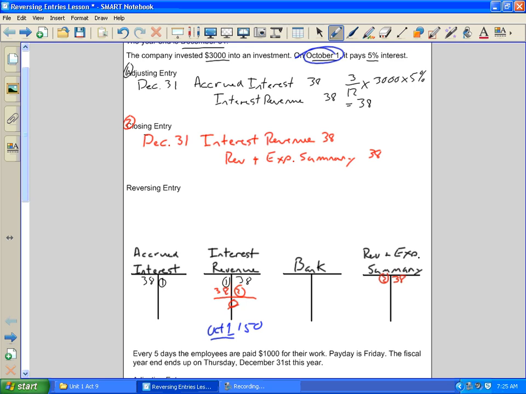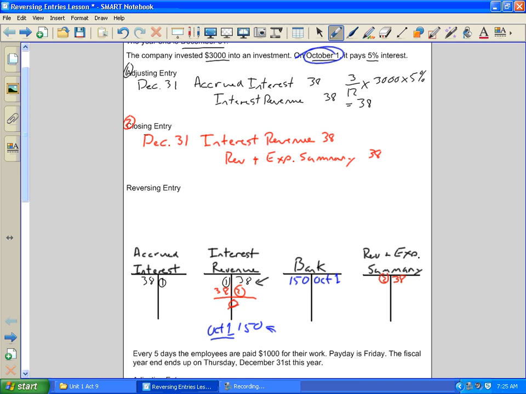So it's a credit to interest revenue and a debit to bank for 150 bucks. Here's the problem. This $150 is not entirely correct because we've already amassed 38 bucks of it in the previous year. So we can't double count that $38, which is what we're doing right now.